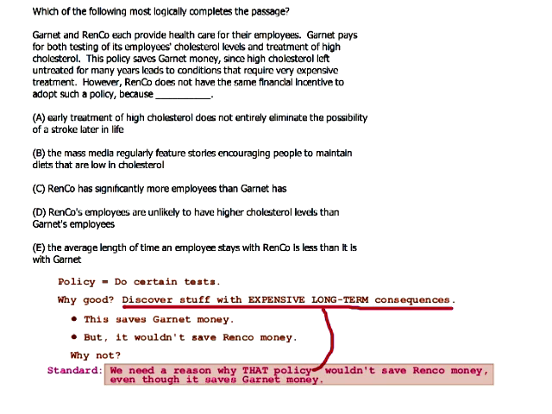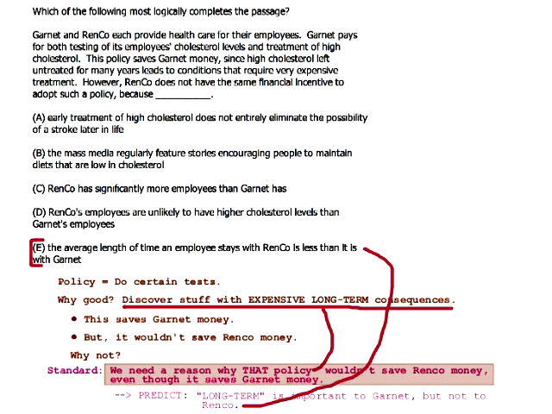It's going to be some form of long-term is important to Garnet, but not to Renko. And that's going to be E. So, yep, people stay at Garnet longer.